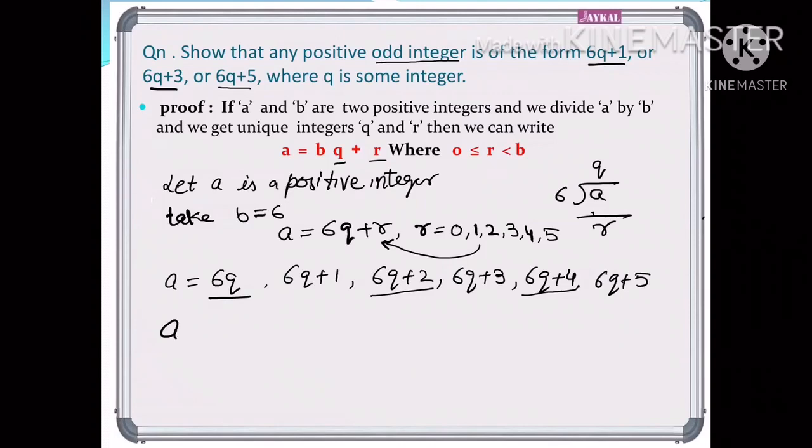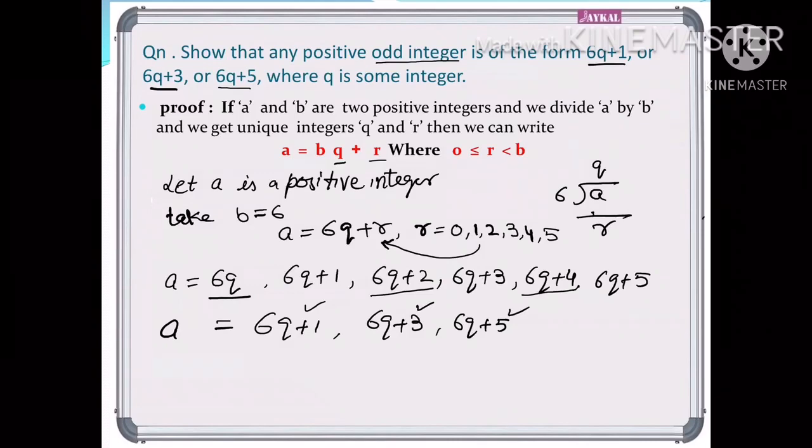Therefore, we are left with only 3 options, that is 6q plus 1, 6q plus 3 and 6q plus 5. Therefore, any positive odd integer can be of the form 6q plus 1, 6q plus 3 or 6q plus 5.